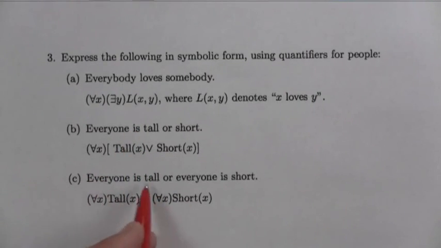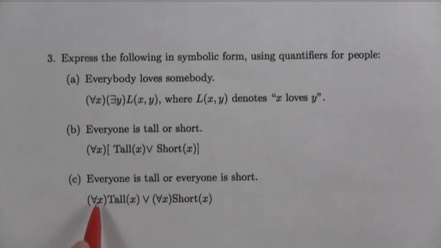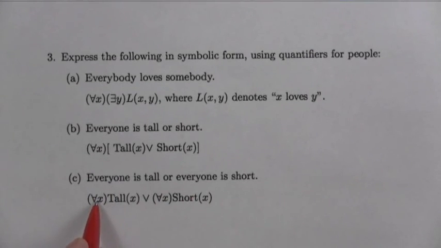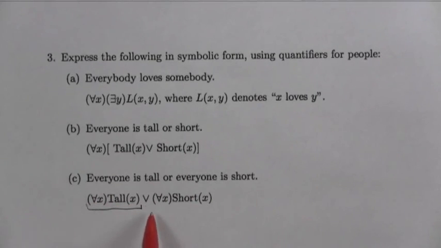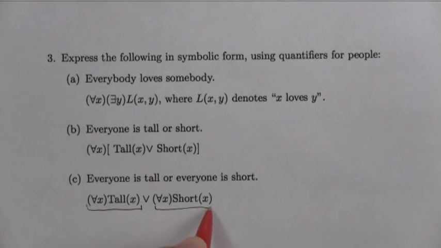Okay, part C, everyone is tall or everyone is short. That actually comes out a different way. That says every person X is tall, that's one part, and the second part, every person X is short. And here we've got another of these precedence rules for logic, in that universal quantifiers, and the same is true for existential quantifiers, as we'll see, are very tight.